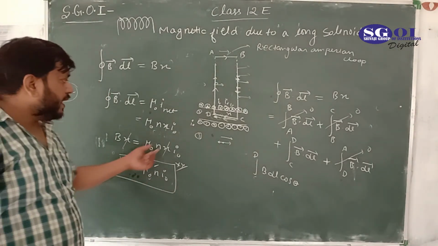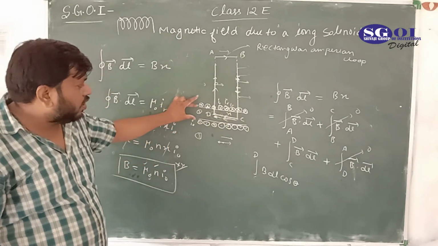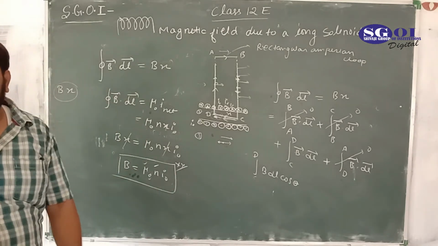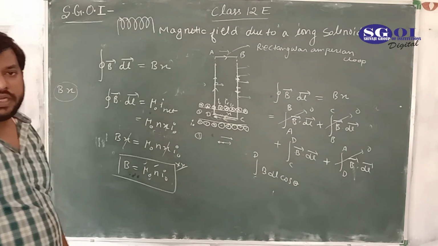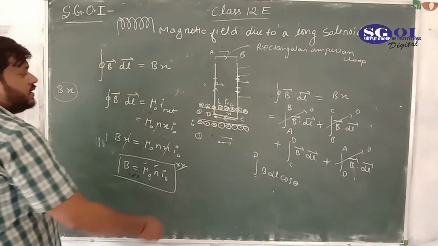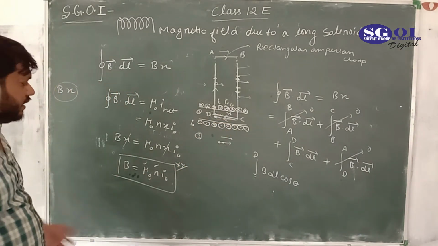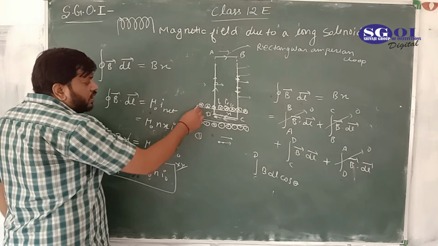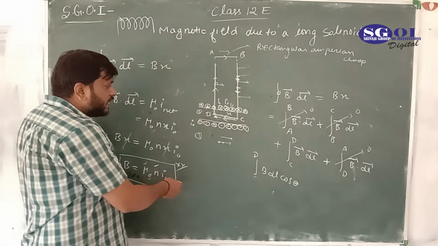It means the magnitude of the magnetic field is not depending on the length and not depending on the cross section of this solenoid. So inside the solenoid, the magnetic field is uniform, because it is not depending on the length and also not on the cross section, radius, because these terms are not here.